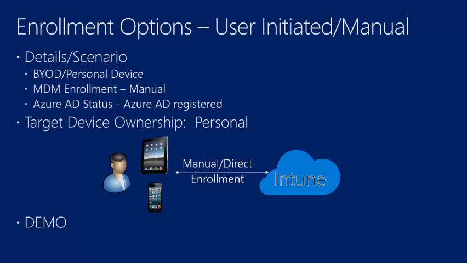And then we talked in the Windows session about the idea of Azure AD and the concept of joining Azure AD. In all cases, whenever you have devices managed by Intune, they will be seen in Azure AD, but there's a difference. Right? The only devices that can actually join Azure AD are Windows 10 devices.